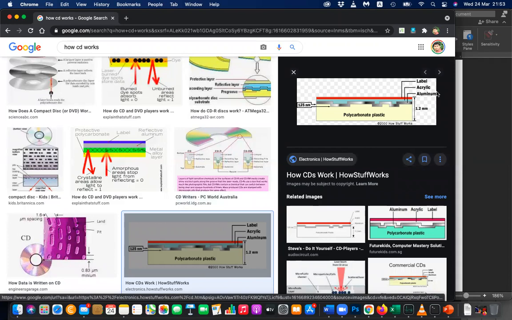The label is just for indication, and the acrylic is a protection layer in between. The aluminum layer is where you write the data.